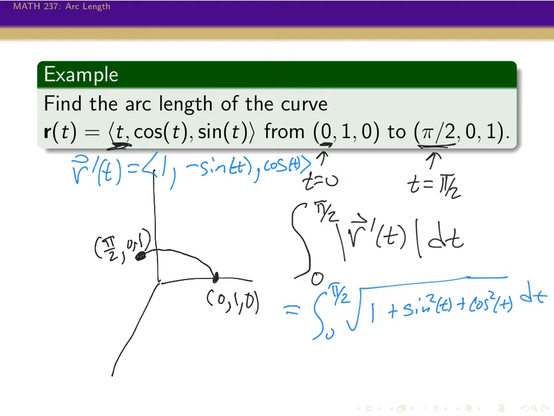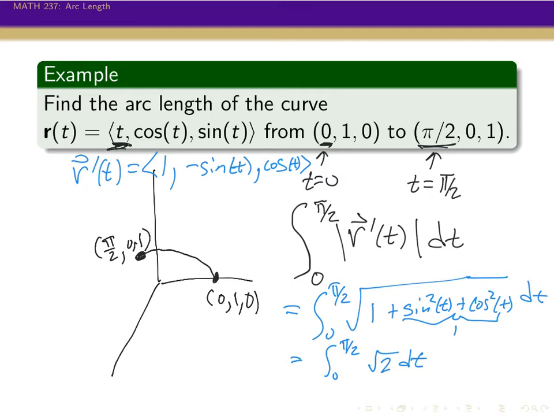Now we have a sine squared plus a cosine squared here, so that's going to equal 1. And so I have 1 plus 1 inside the square root. I get that my magnitude here is square root of 2.